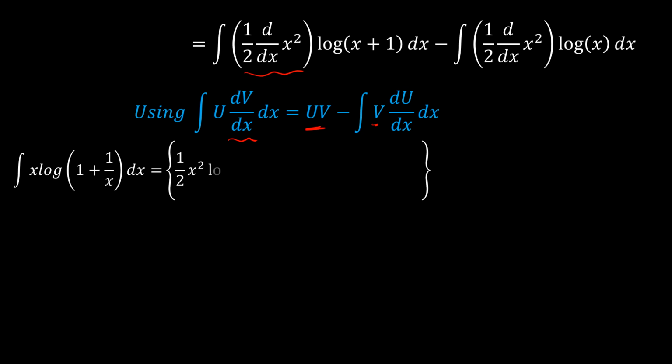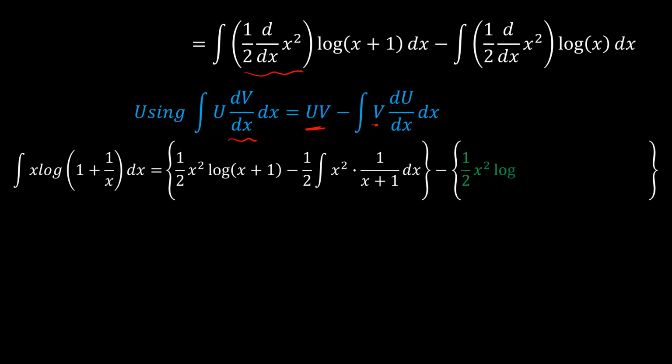The first integral I have put under the curly brackets, so we have half x squared log x plus 1 for uv minus half x squared times 1 over x plus 1, which is the derivative of log x plus 1. The second integral, again half x squared log x minus half x squared, and the derivative du dx in this situation here is 1 over x.